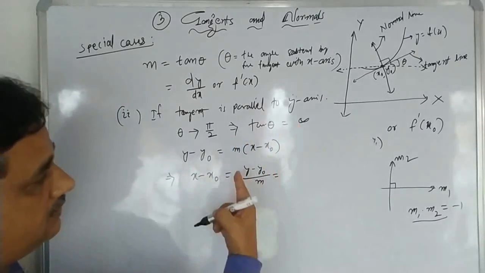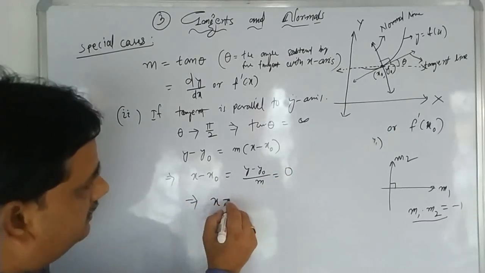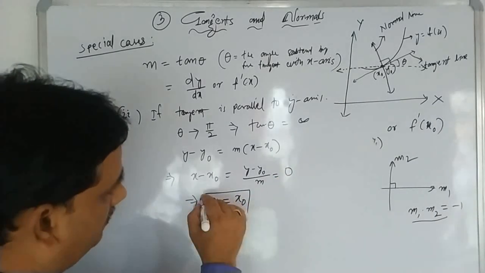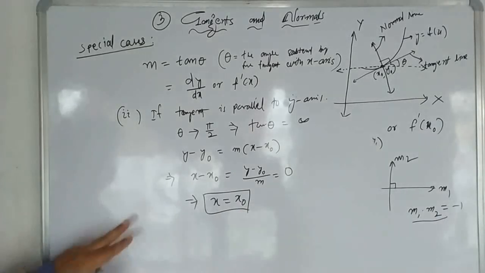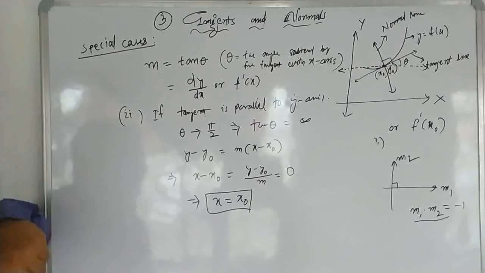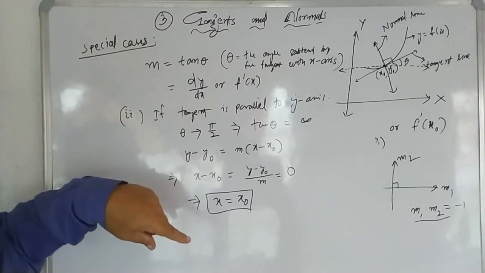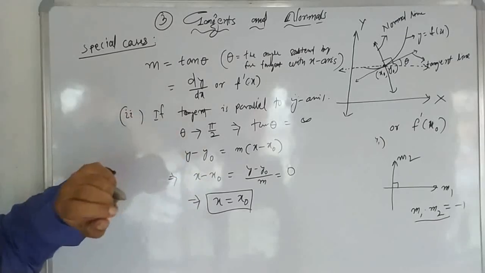The slope is infinity, so 1 by infinity is 0, hence this is 0. So x is equal to x0. Keep this in mind: when the tangent is parallel to the x-axis, y is equal to y0, and when the tangent is parallel to the y-axis, then x is equal to x0.